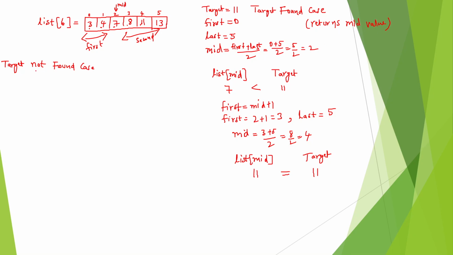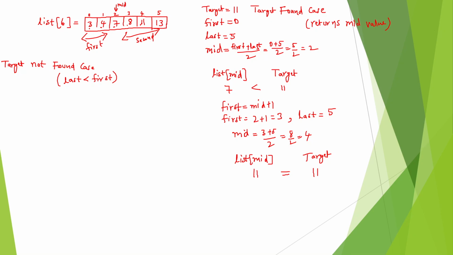And if the target is not found, how does that case end? Whenever your last value becomes lesser than the first value, that means the target you are looking for is not available in the list.